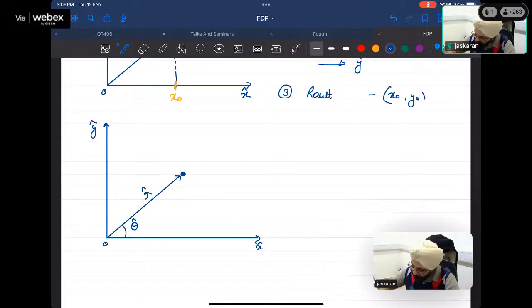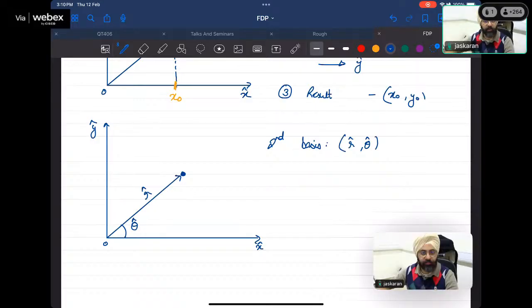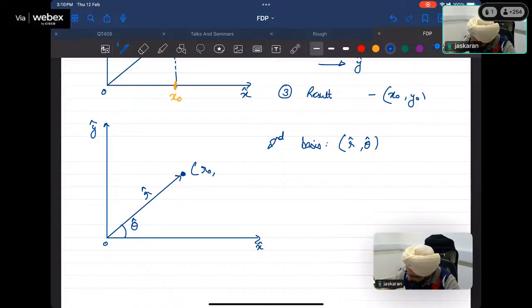So now I can define another basis. This second basis is defined by the set of unit vectors r cap and theta cap. Again, I can take a projection along r cap and along theta cap and find out the position of the particle, and in this case it is r naught and theta naught.